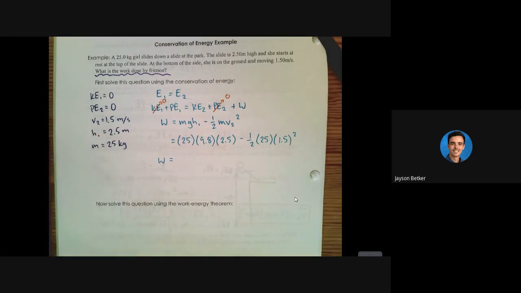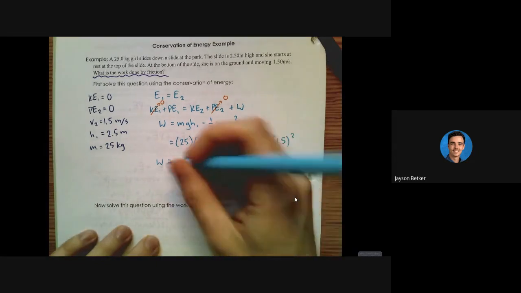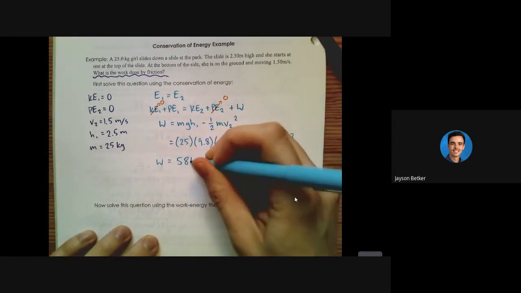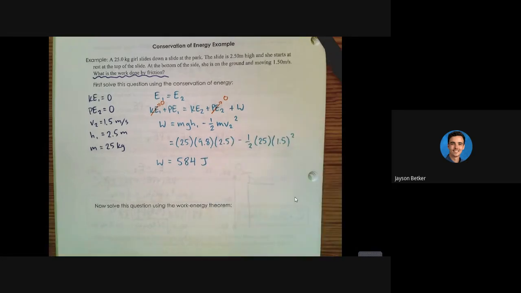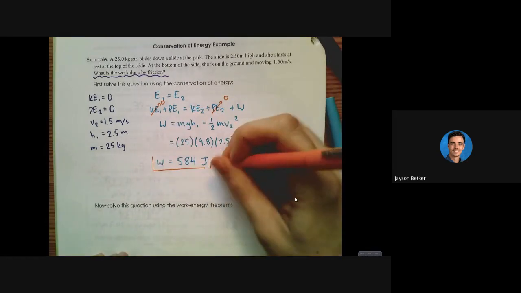I plug that all into my calculator: 25 times 9.8 times 2.5 minus 0.5 times 25 times 1.5 squared. I should get 584 joules. Now in our question, I think our least amount, no, that's good. Yeah, 3 sig figs, perfect. So there's our final answer for the amount of work.